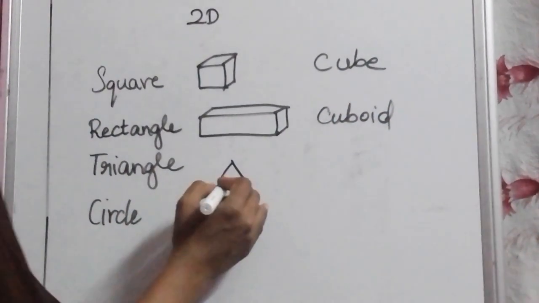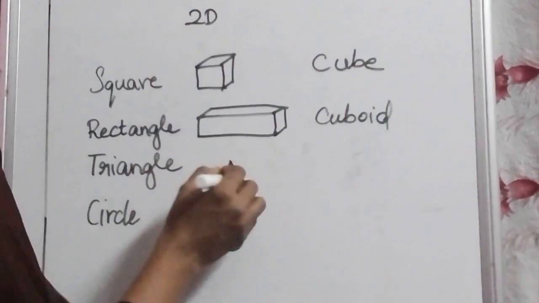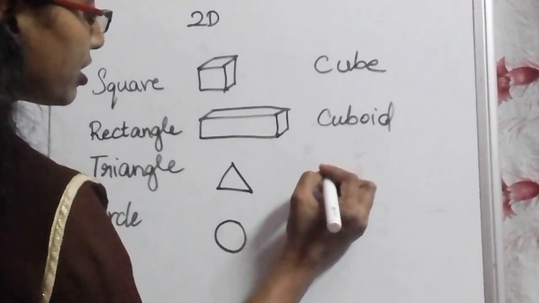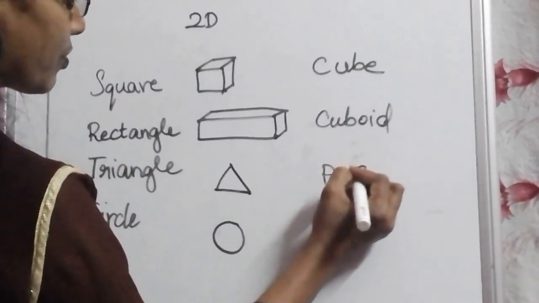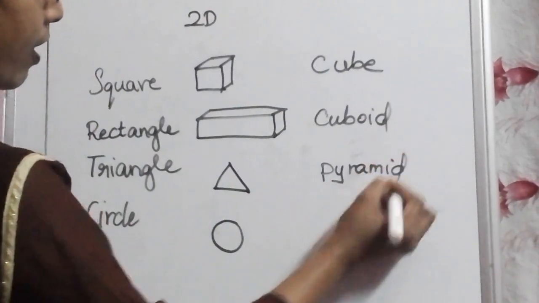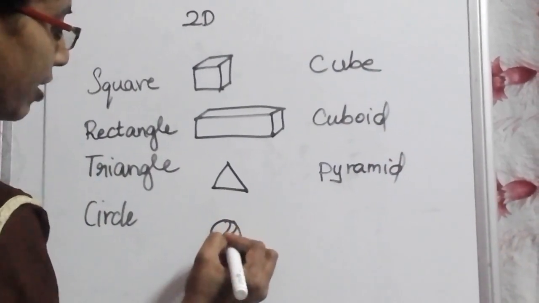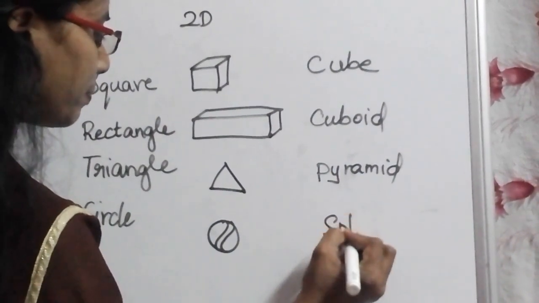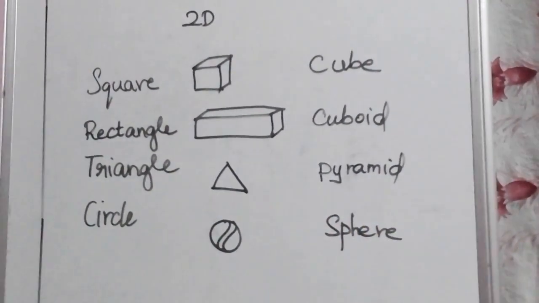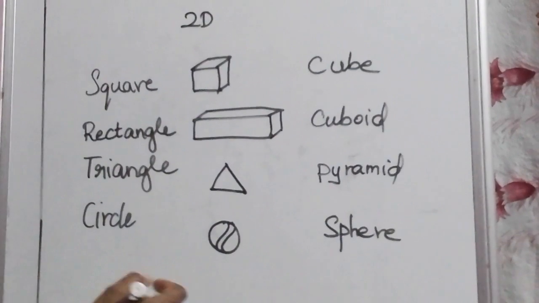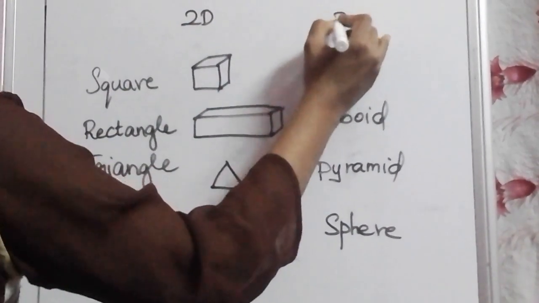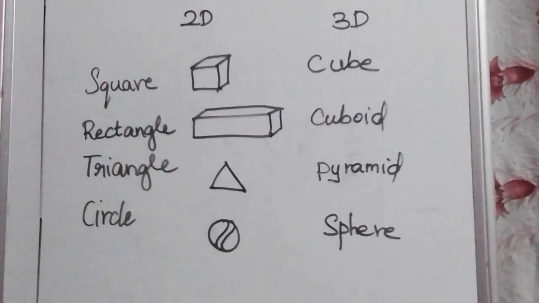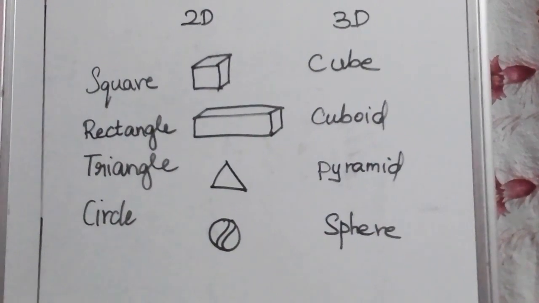Okay, so here this, when it becomes three-dimensional, it is a pyramid. Circle, when it becomes a three-dimensional shape, it becomes a sphere. Okay, so these are two-dimensional and these are three-dimensional. Understood this part?